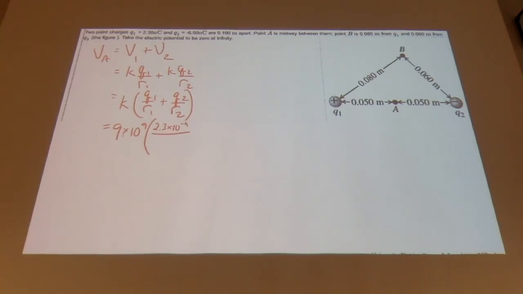And R1 is just the distance we are away from Q1, and you can see that that's 0.05 meters. Q2 is negative, so I'm going to go ahead and write the negative sign there, and then it's 6 nanocoulombs, so 6 times 10 to the minus 9, and it's 0.05 away. So the total potential at point A is just that, and interestingly enough, it's negative 666 volts.